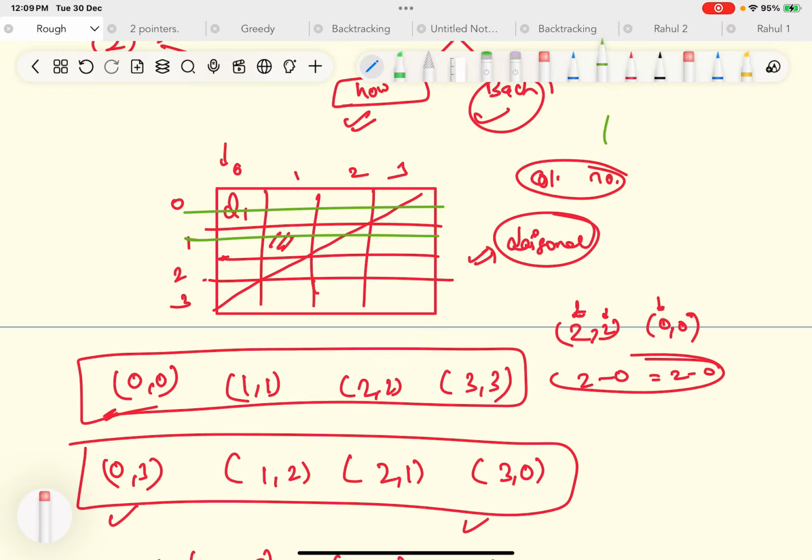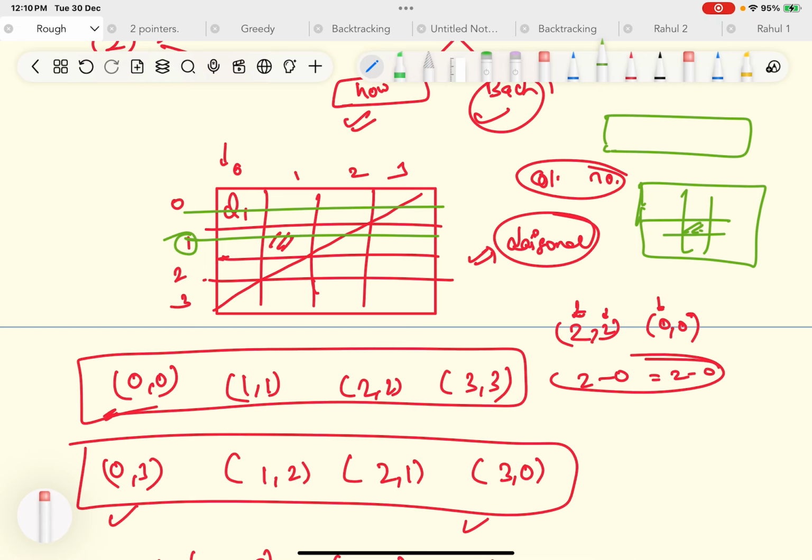We can make two arrays or a 2D matrix to store the positions. But what I am thinking is that we have to place only one queen in one row. Queen 2 will always come in the second row, or index-wise at the first index, and queen 3 will always come in the third row, or the second index.